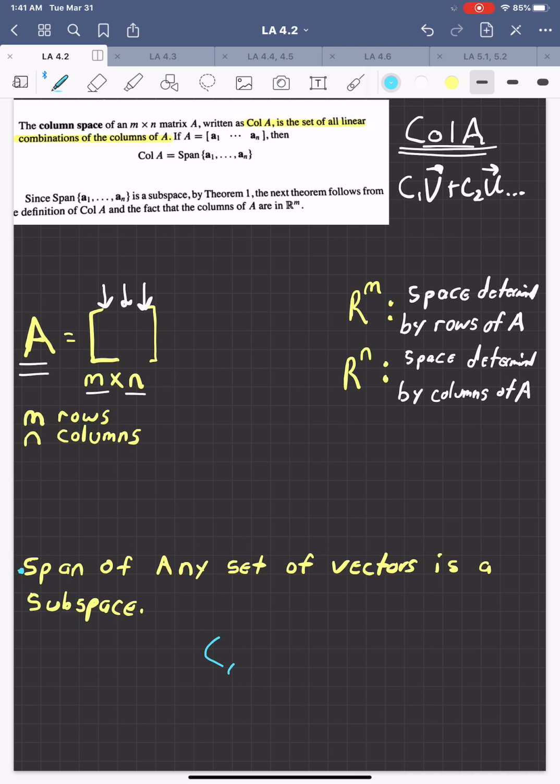So the span of any set of vectors is a subspace. So since the span is just the linear combinations, can I get to 0? Of course, right? Just pick 0 scalars, and so forth. Closed under multiplication, closed under addition. Okay.